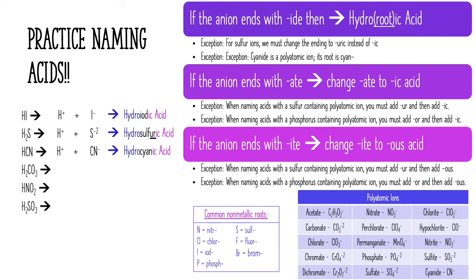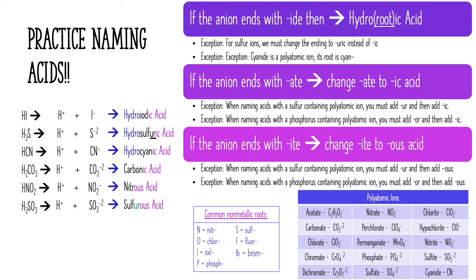All right, and then this fourth acid right here, I have hydrogen ions, and then that is the carbonate polyatomic ion. And if we're looking for that, it's going to be in the first row of this polyatomic ion list down here, the second one down. And we can see that the name of that polyatomic ion, carbonate, ends with ATE. So I'm going to look for the rule that says it ends with ATE.